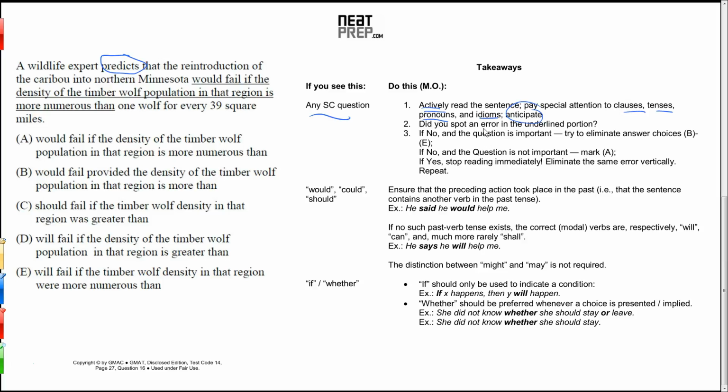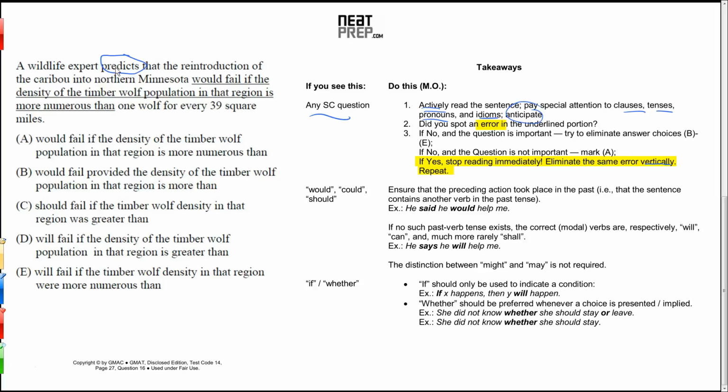The most important thing here is that if you see an error in the actual question, you need to stop immediately and eliminate the same error vertically, with the operative word being vertically. Most people, and probably some of you also did that, read the sentence, then plugged in answer choice B, C, D, E, and it takes a lot of time, and it's definitely not doable within 30 seconds. So if you spot an error, stop immediately. Let's see how that works.